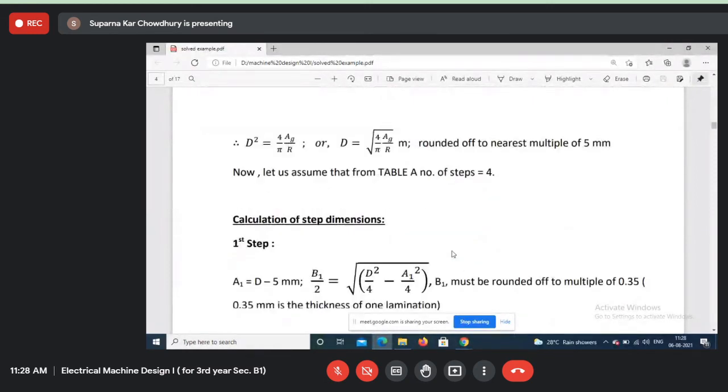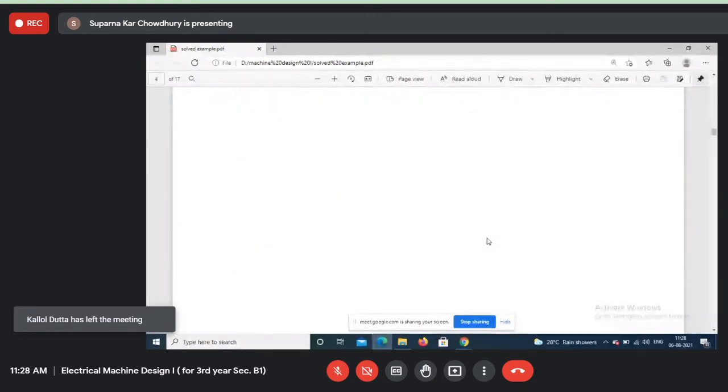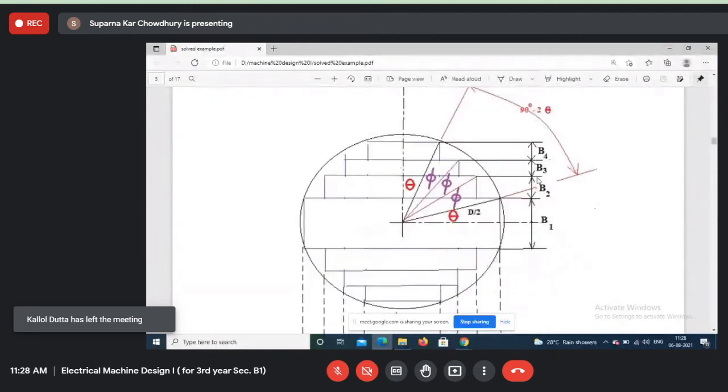Now let us see how we calculate the dimension of the step. For this, I have taken an example of a 4-step core. 4-step means in one half cycle there will be 4 steps: 1, 2, 3, 4 steps. Now this is the first step. We have to decide 2 dimensions.